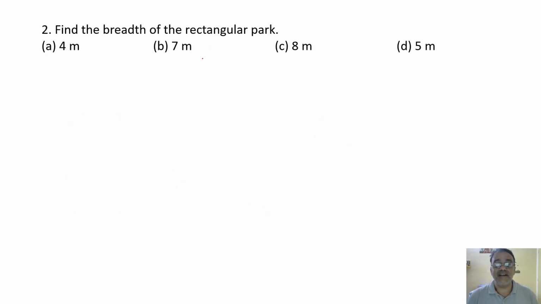Find the breadth of the rectangular park. We have to solve that quadratic equation, x square minus 3x minus 4 is equal to 0.